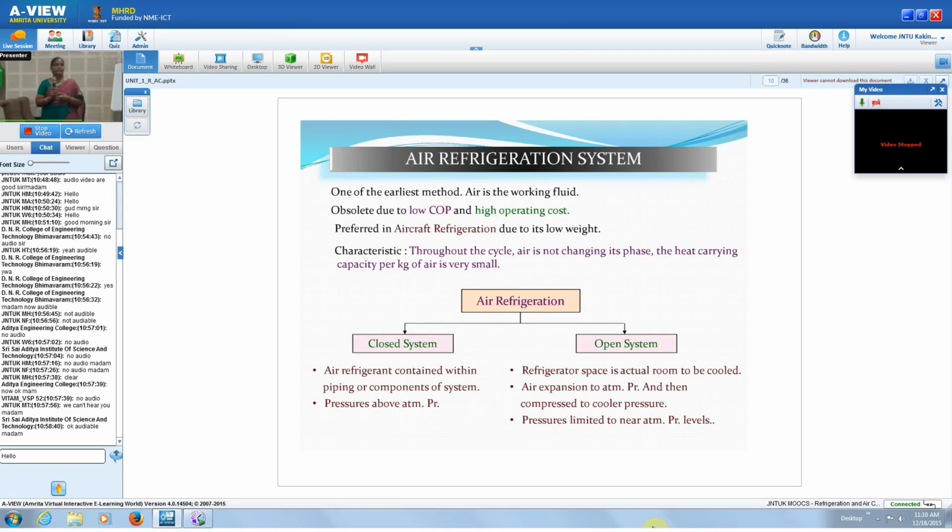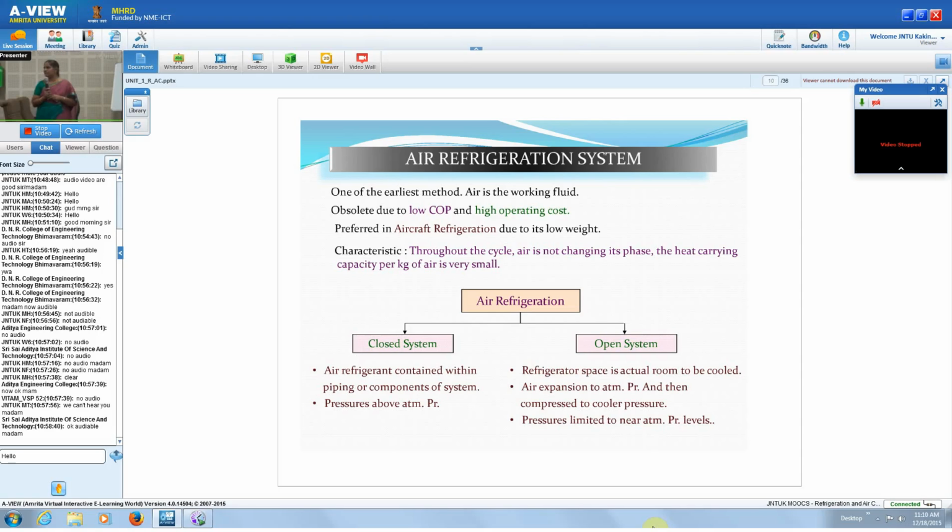So let us go to the air refrigeration system. This is one of the earliest methods, and here air is the refrigerant. Absorption of heat and removal of heat to the atmosphere, everything is done with the fluid air itself. Nowadays this is obsolete due to low coefficient of performance, and it also requires high operating cost.